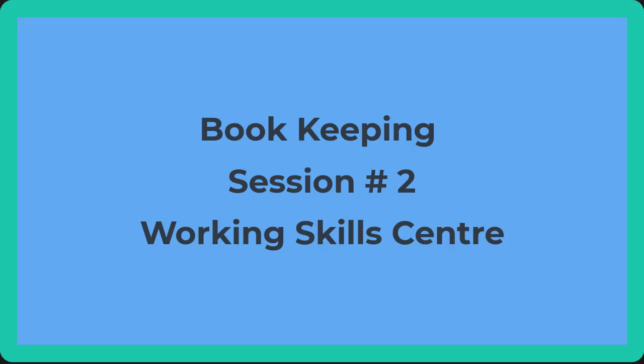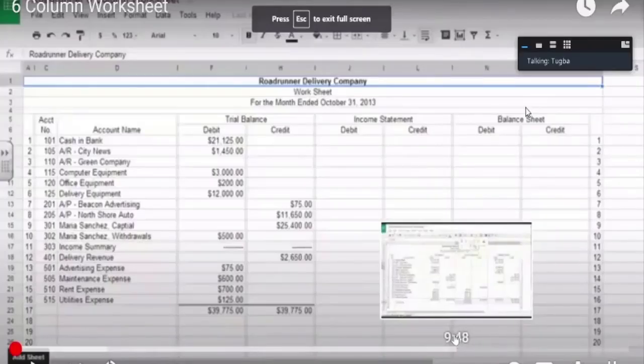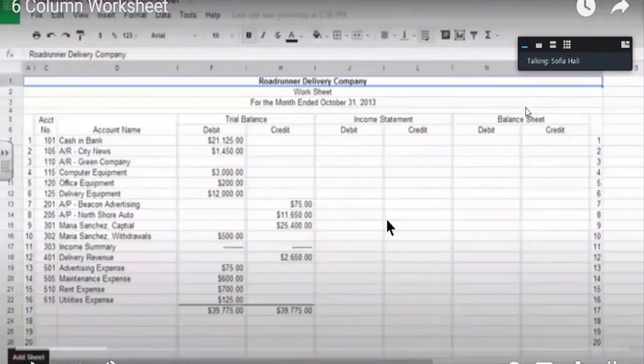Okay, now I'm going to show something about the 6-column worksheet. It's like a trial balance, income statement, and balance sheet, everything in one sheet. It is especially for owners, partners, and investors. If they want to see the history of our business, they would like to see this one.